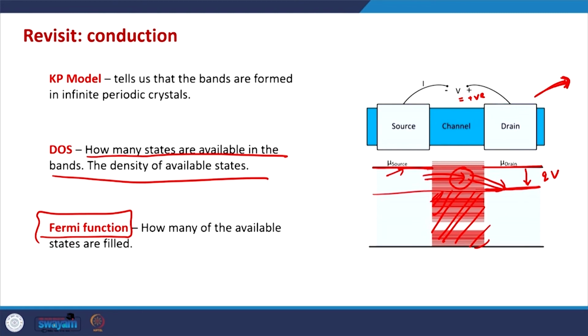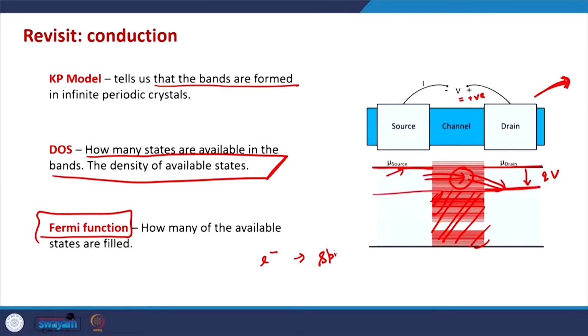Using the KP model, we saw mathematically and graphically how bands are formed in periodic crystals. So, the last topic that is left before we move on to discuss the idea of conduction or the theory of transport is the Fermi Dirac distribution function.